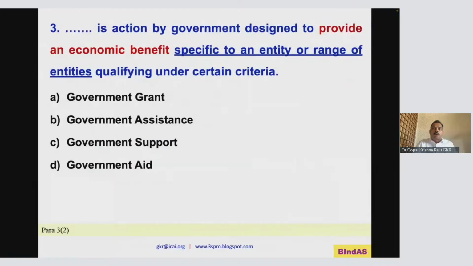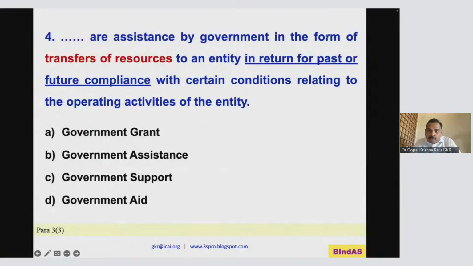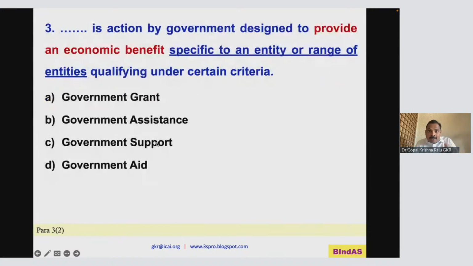So now come to the fourth question. What is the assistance by government in the form of transfer of resources in return for past or future compliance with certain conditions relating to operating activity? So that is support, aid. It can be either GG or GA. GG means transfer of resources. GA means provide an economic benefit. Because you are qualifying certain criteria, these two are very important words.